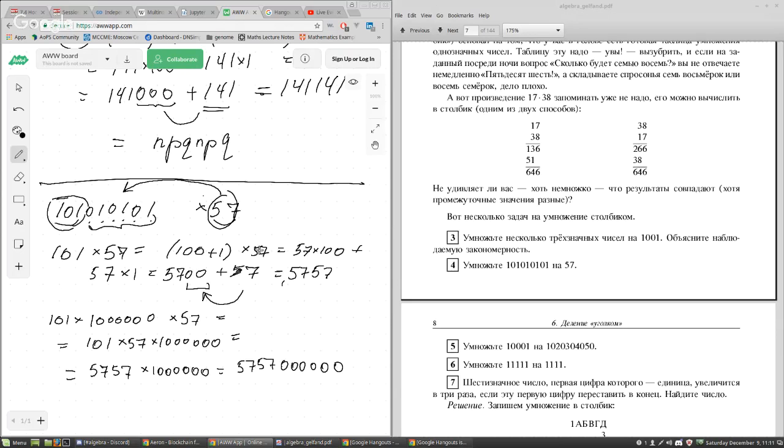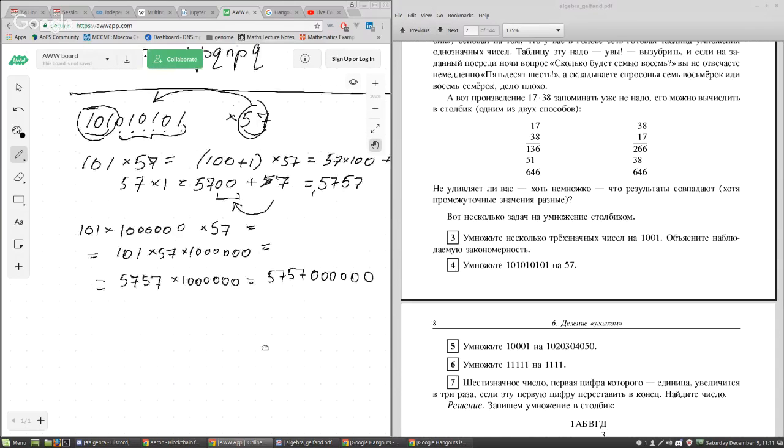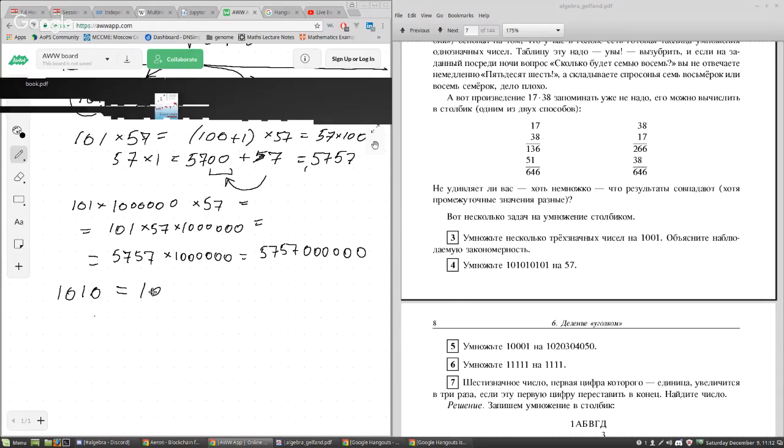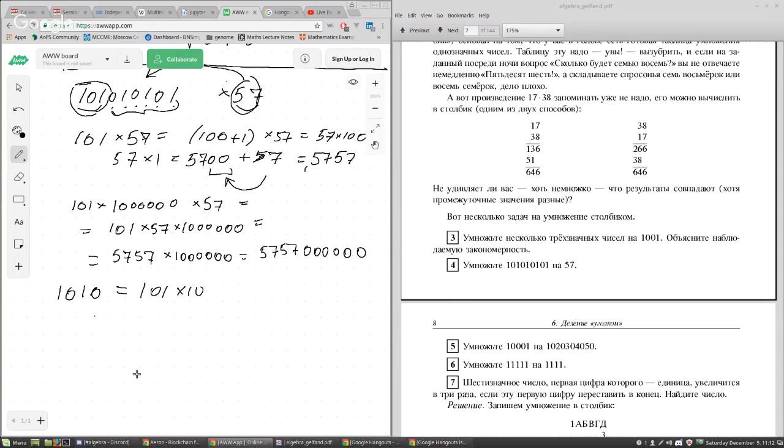Okay, so let's go a step further here, and let's try the following. So now, suppose I have the following. So 1, 0, 1, 0. And 1, and so this is what I'm trying to multiply, right? Well, we already saw that I can rewrite this as 101 times 10, right?